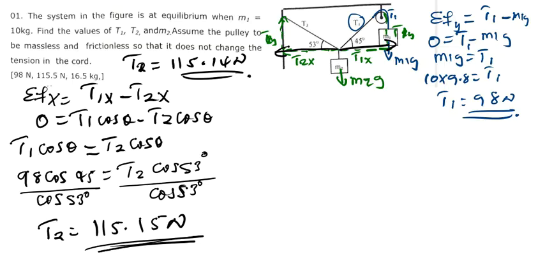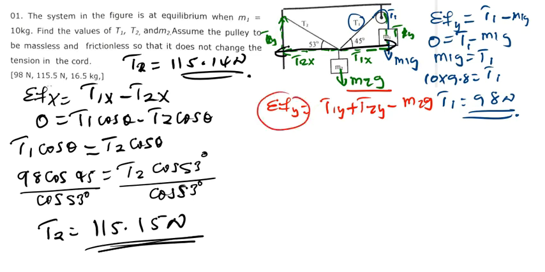So to find m2, I'm going to use the forces in the y direction. The summation of forces in the y direction: we have t1y pointing upward plus t2y also pointing upward minus m2g pointing downward. We replace this by 0 because the net force is 0.